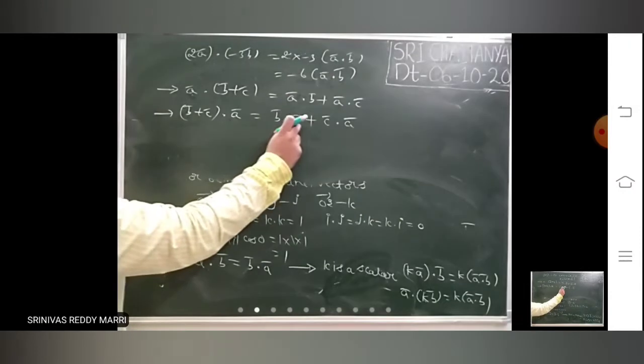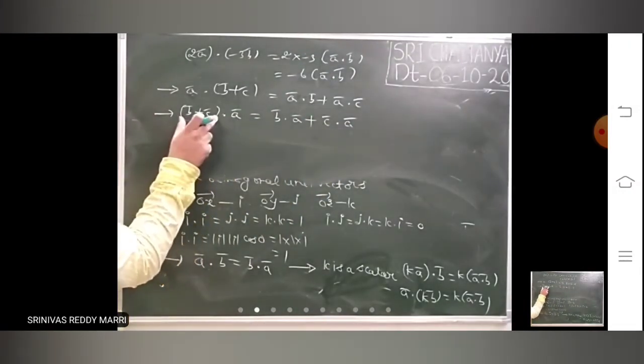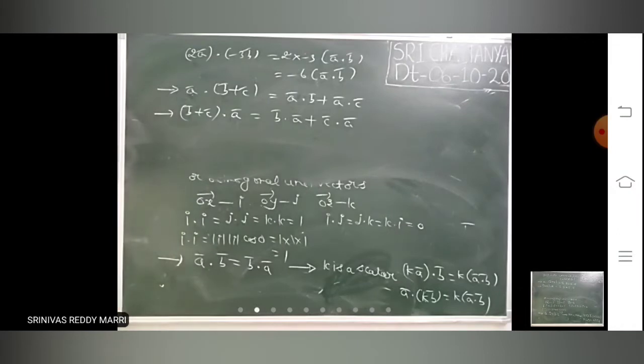On the other side, take A common on the right-hand side: B bar plus C bar dot A bar. In both ways you can write it.